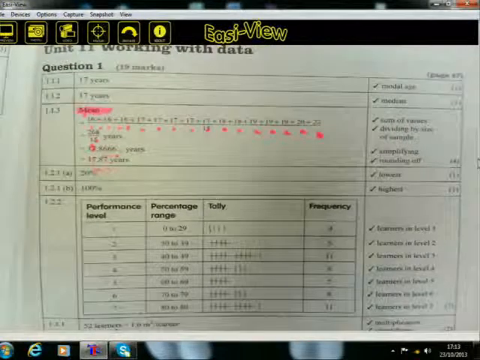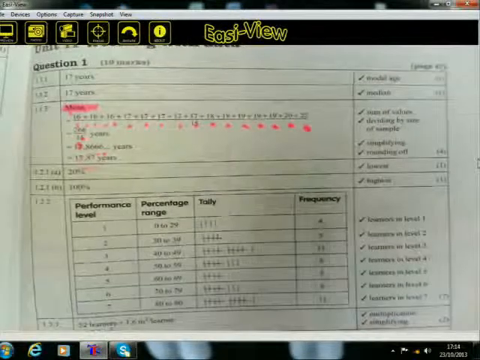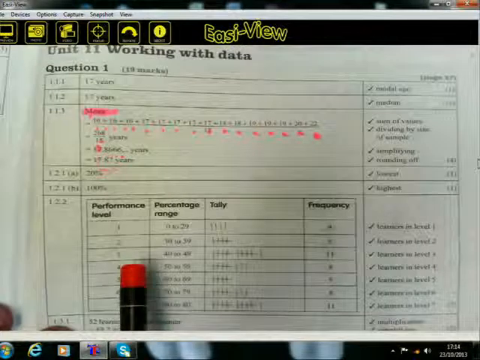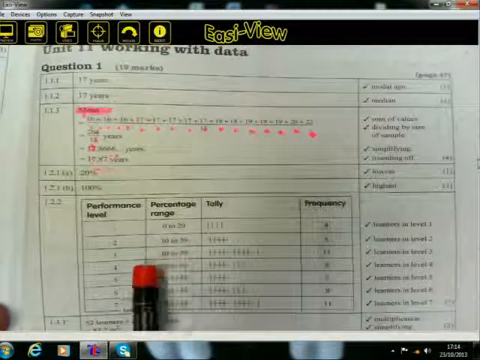Now if you look at the numbers that were given to us, it was from performance level 1 up to 7. Remember these levels, they are the levels that you get from your reports. Level 1 is 0 up to 29. You still remember that? That means they are the ones who fail. Level 2 is 30 to 39. Level 3 is 40 to 49.